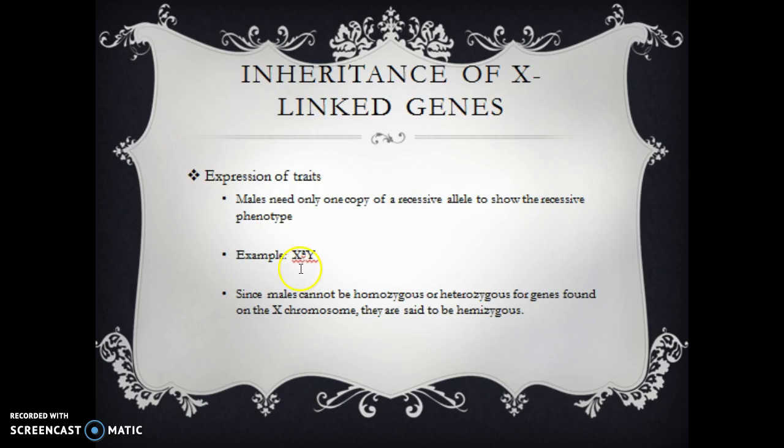So this particular male, XaY, is going to express this recessive phenotype fully, whereas females will need 2 copies of that allele. Since males can't really be homozygous in this case, nor heterozygous, they're said to be hemizygous.